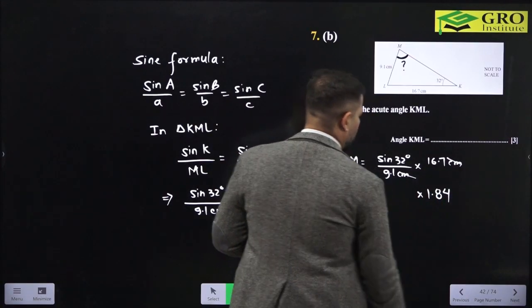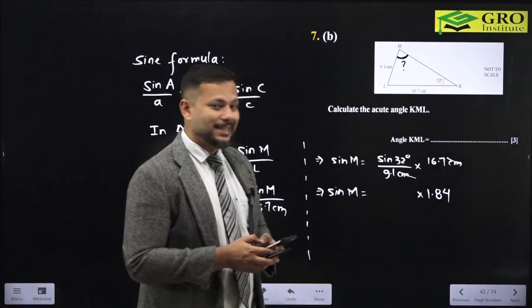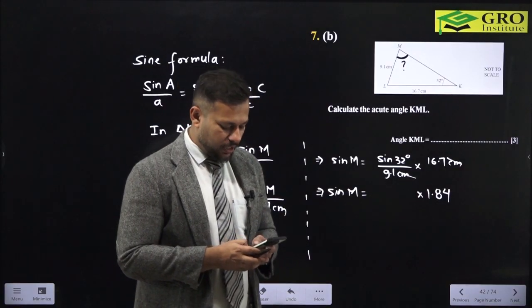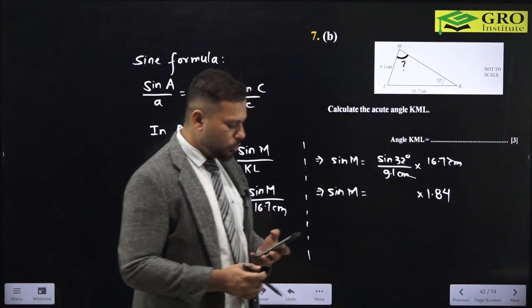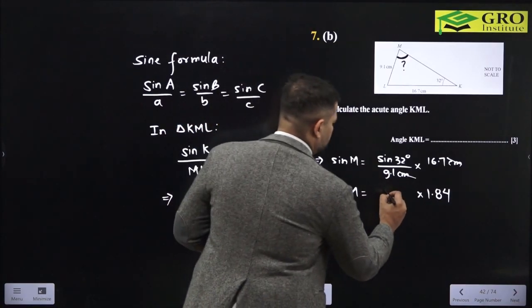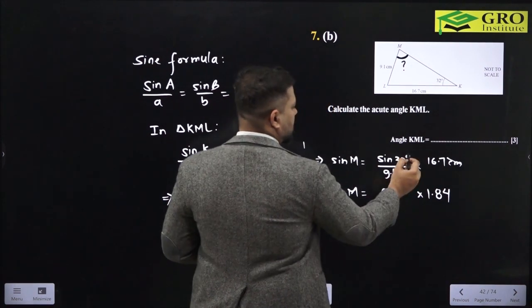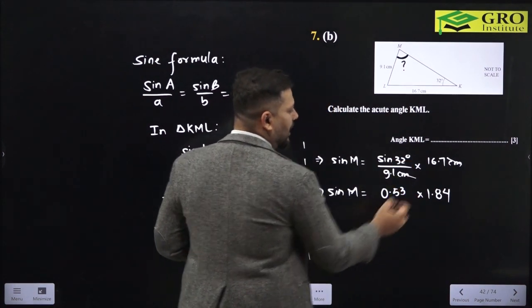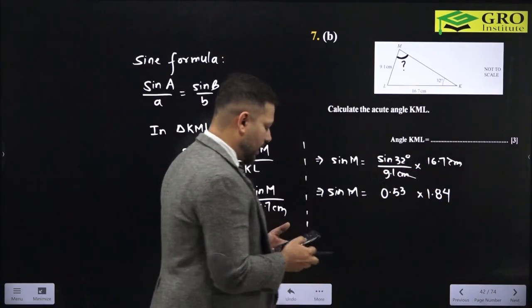We can round it off to 1.84, and we need to find out what is sine 32 degrees. Let us quickly find out. Sine 32 degrees is 0.53. Okay, so this sine 32 is 0.53 and 16.7 divided by 9.1 is 1.84.